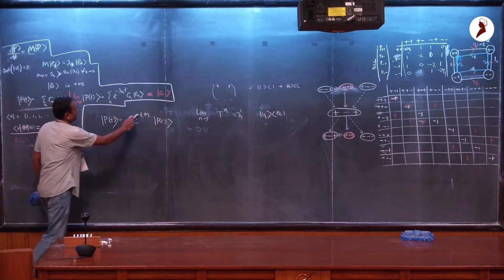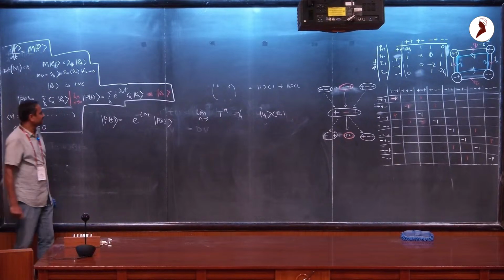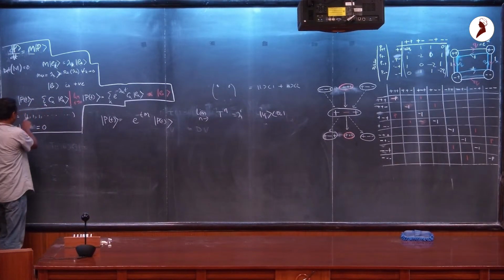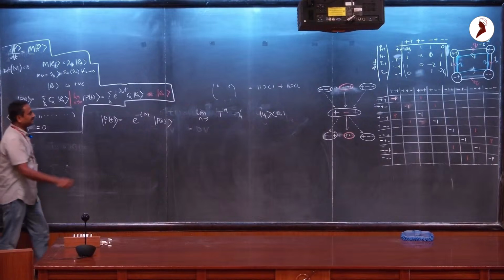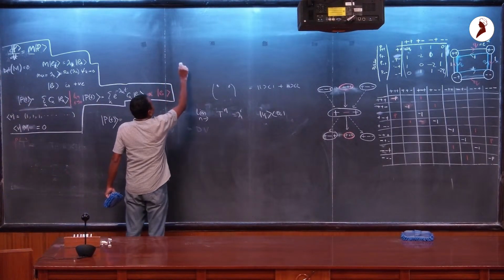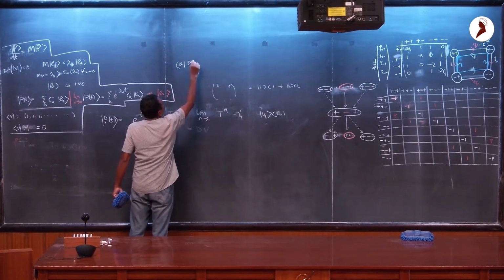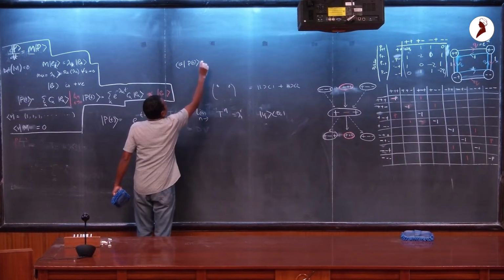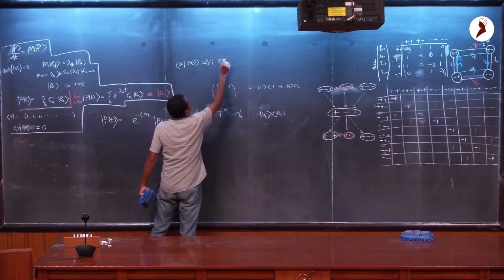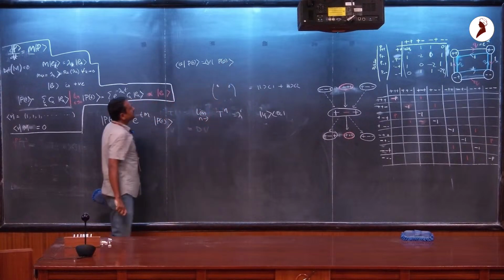If you multiply b with p of t, then norm probability conservation is just b times p of t equal to b times p0. That's what you want, right?